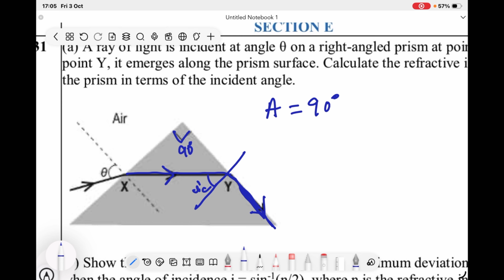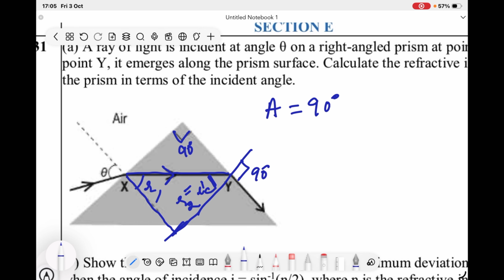So you can complete the triangle using these normals. If you remember, this is r1 and this is r2. But right now r2 is the critical angle, because critical angle is the angle in the denser medium for which the angle of refraction is 90 degree. So this is r2 and this is equal to the critical angle.